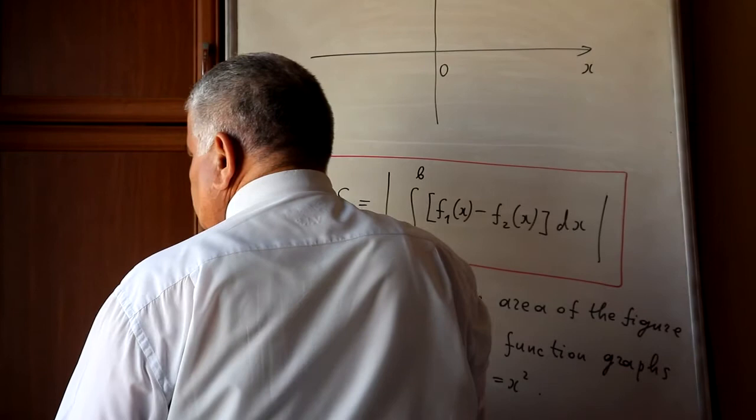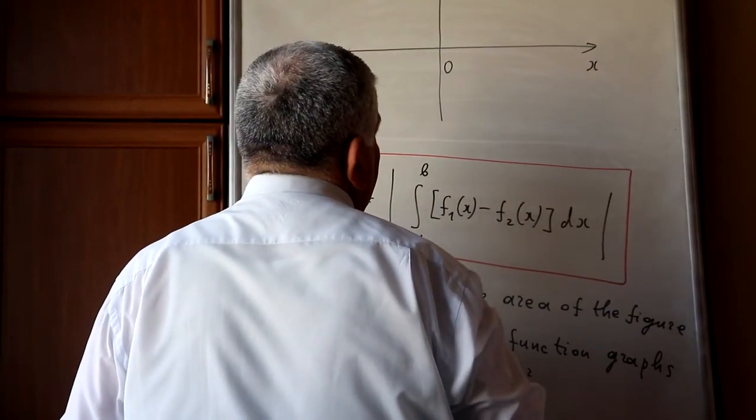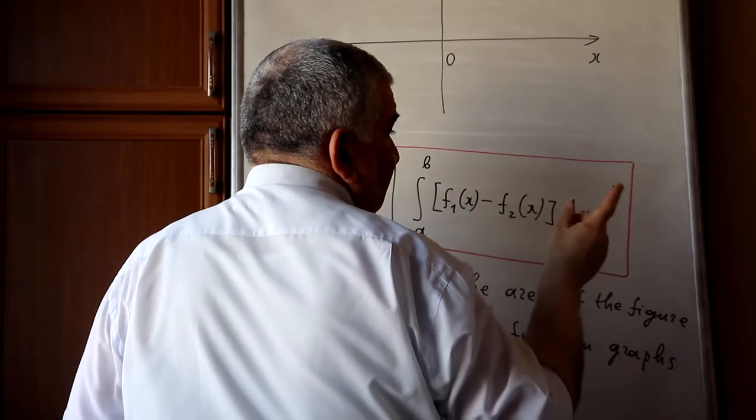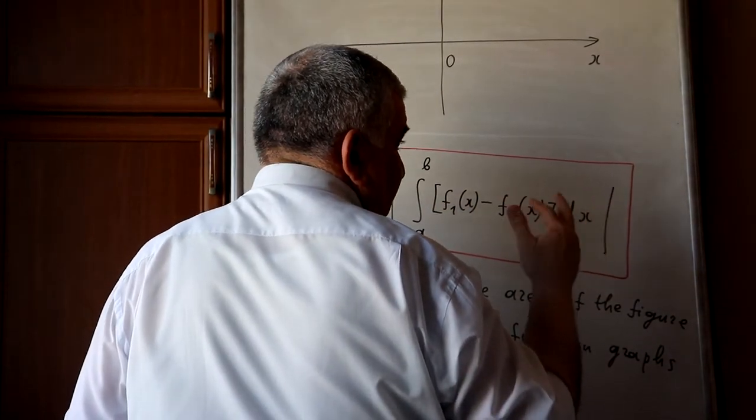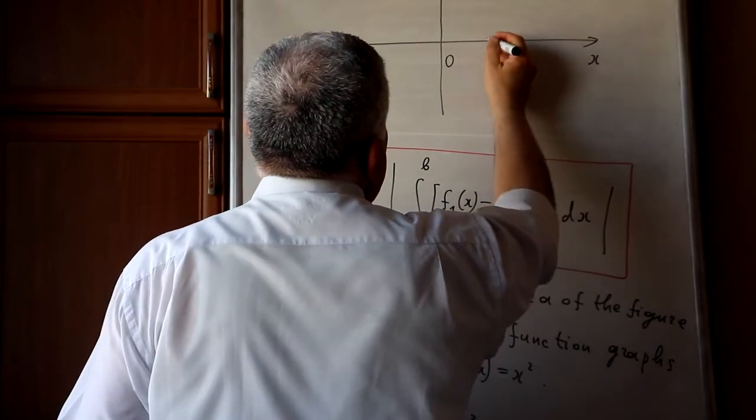Construct the straight line y equals x, and construct the graph of the parabola y equals x squared.